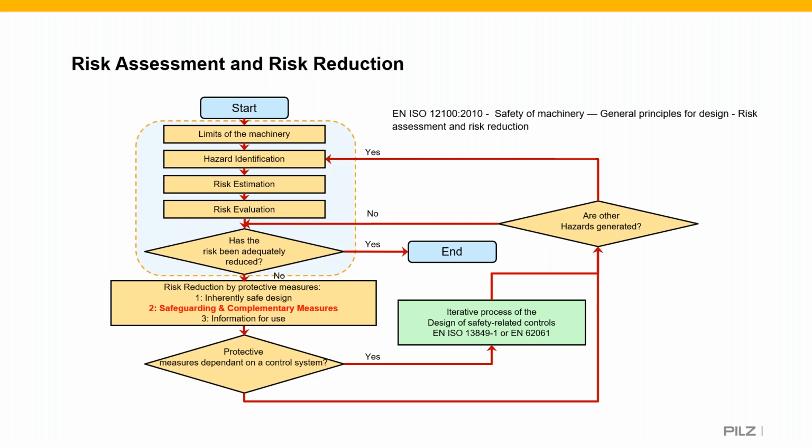So we'd change the whole design if possible to get rid of any risk or hazard. If that's not possible due to the nature of what the machine is and needs to do, then we will look at safeguarding and complementary measures. And this is where 14119 will sit, along with the various other B-type and, if applicable, C-type standards. So that's where it fits into the structure.